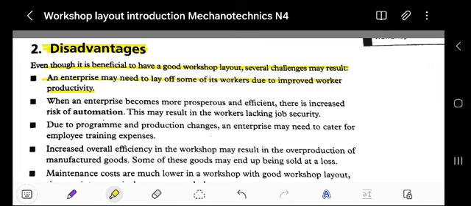For example, the enterprise may need to lay off some workers due to improved productivity. The more you improve, the unemployment rate might rise as a result of retrenchment. Remember, you've now bought machines. The laborers will lose their jobs.